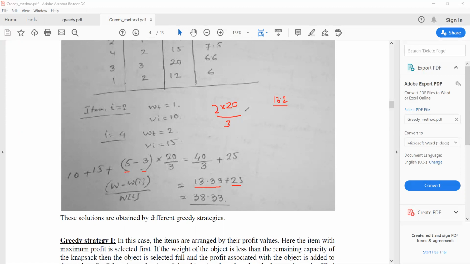Is it correct? 40 by 3 is 13.33. So it is actually not coming to 13.2, it is coming to 13.33.